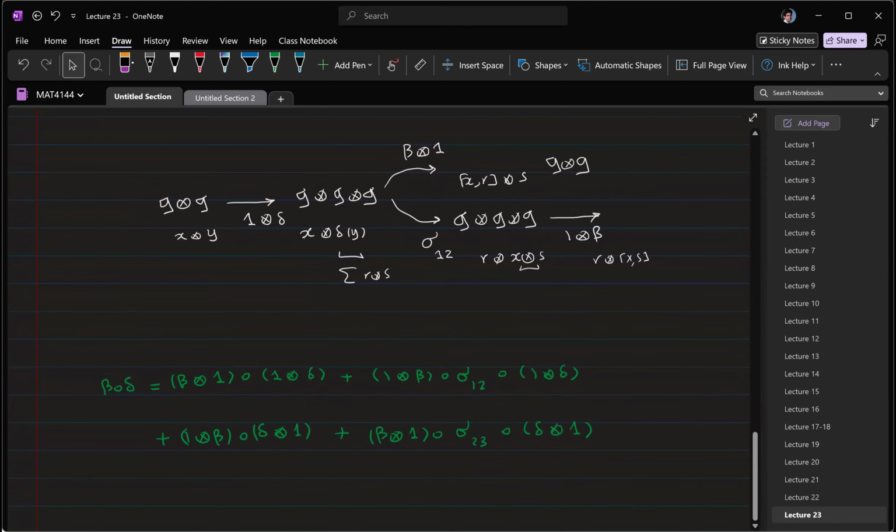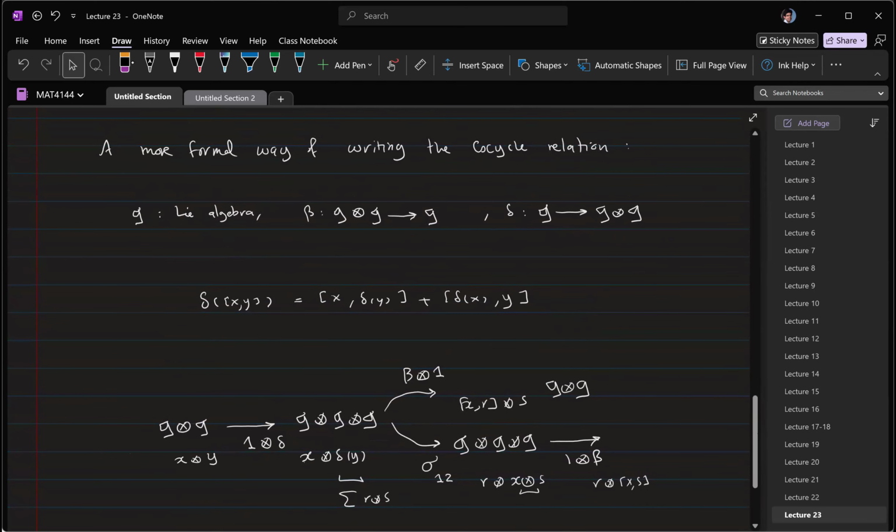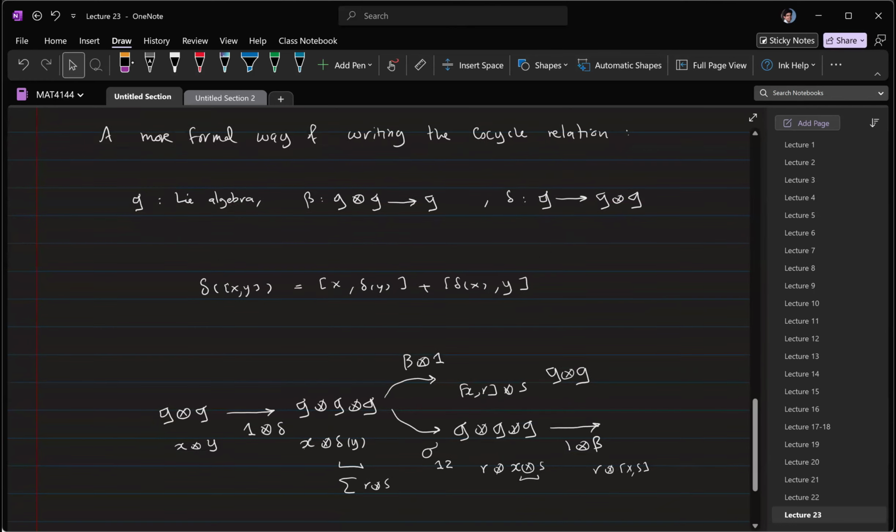However, one thing that's not clear from this definition is that if G comma delta is a Lie bialgebra, we can consider G star as the starting point. That also has a Lie bracket that comes as delta star.